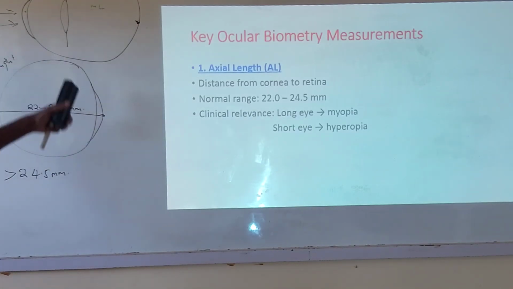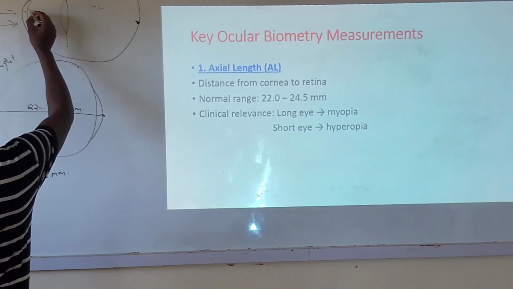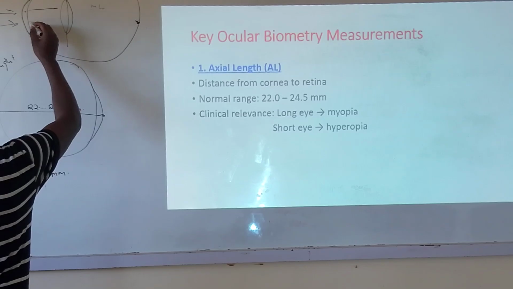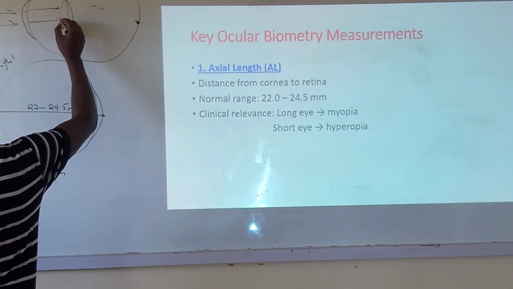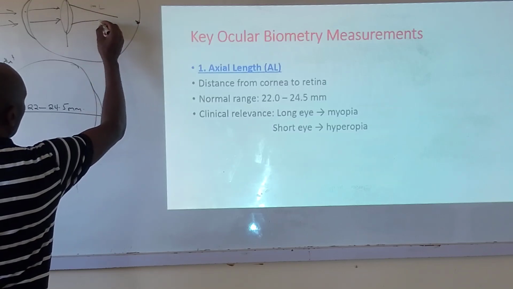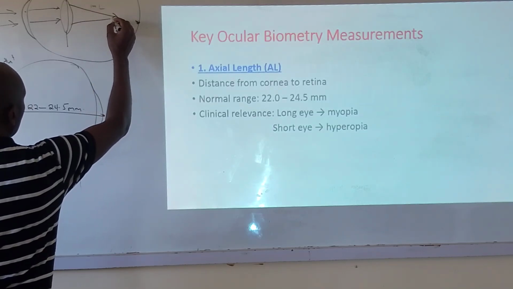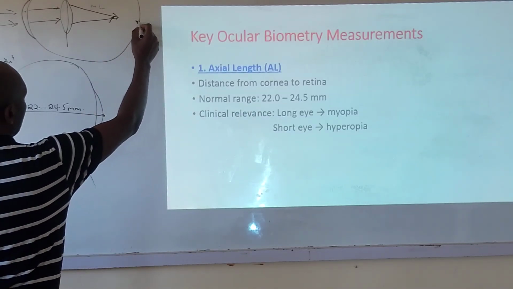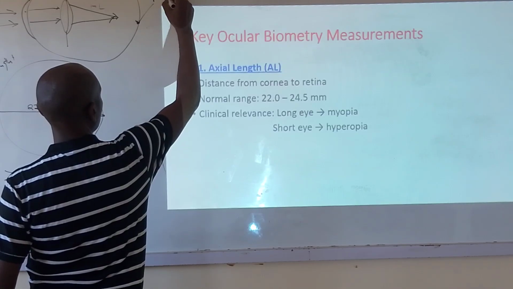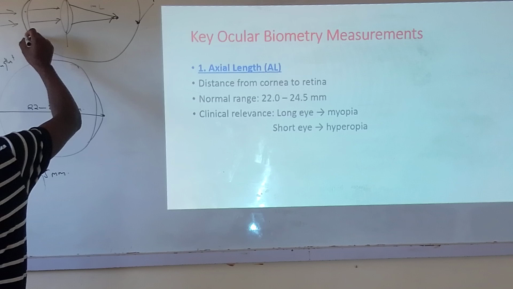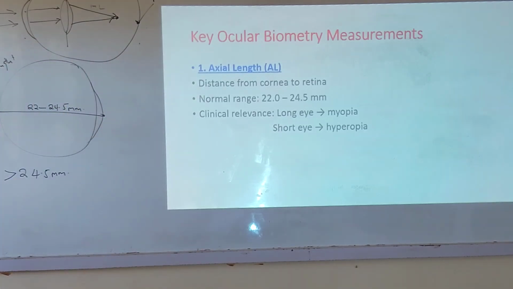But because you have a long eyeball, the light will get through this lens. When it gets through, it will focus in front of the retina here. So instead of this light being focused on the macula here, it has focused here because the eyeball is very big with axial length more than 24.5.